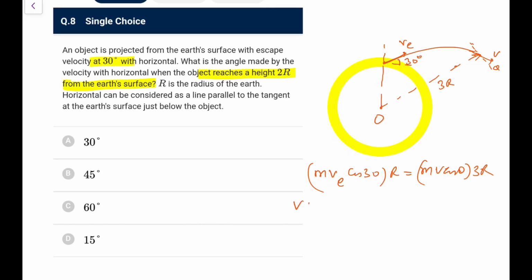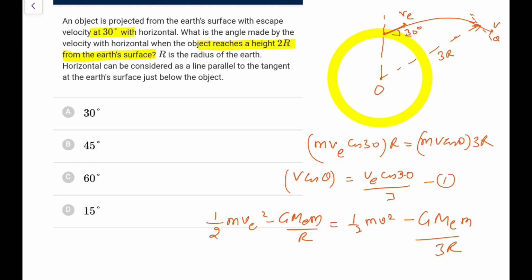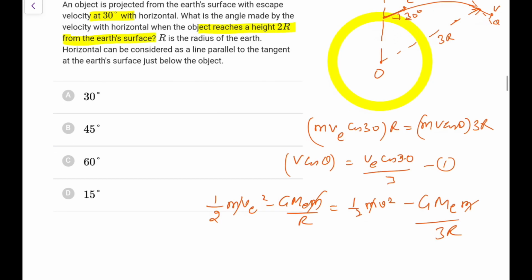So first of all, this V cos theta would be equal to V escape cos 30 divided by 3. This is the first equation you get. Next, energy conservation says half m V escape square minus G M E m by R would be equal to half m V square minus G M E m by 3R. So now the m's get cancelled.